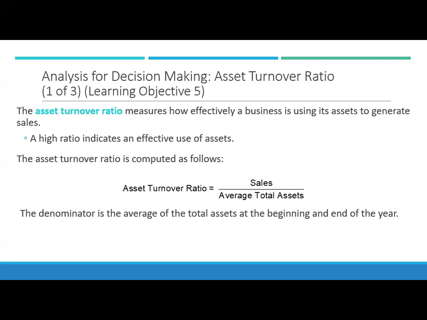So if the business had $10 in sales and average total assets of $1, the asset turnover ratio would be 10, which is better than if the asset turnover ratio was 5, because assets have to come from either liabilities or owner's equity. And the cost of having liabilities is interest expense, right? Because we owe interest on liabilities.